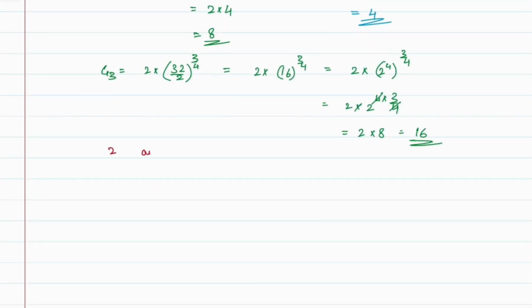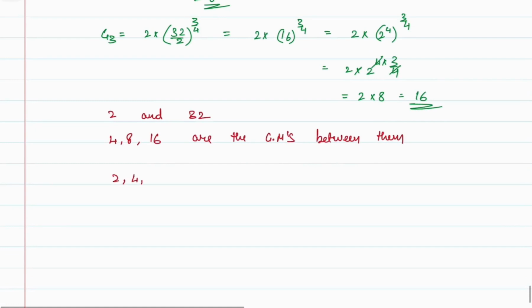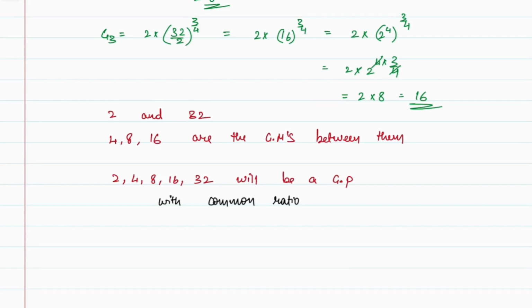So from this we can tell that the geometric means between 2 and 32 are 4, 8, 16. And this sequence will be a GP with common ratio equal to, here we can see that as we go to the successive term, we are multiplying the previous term by 2.